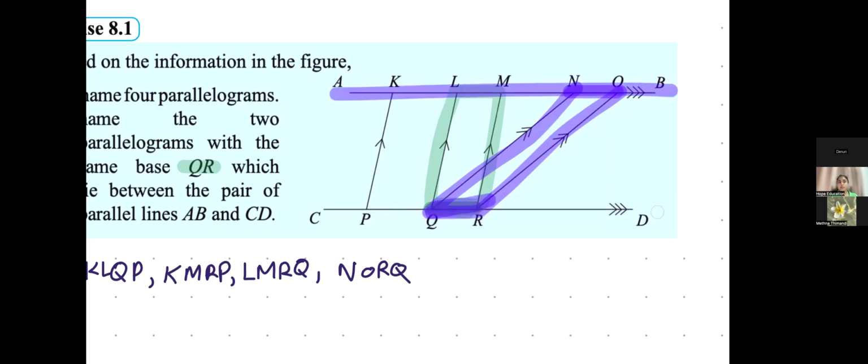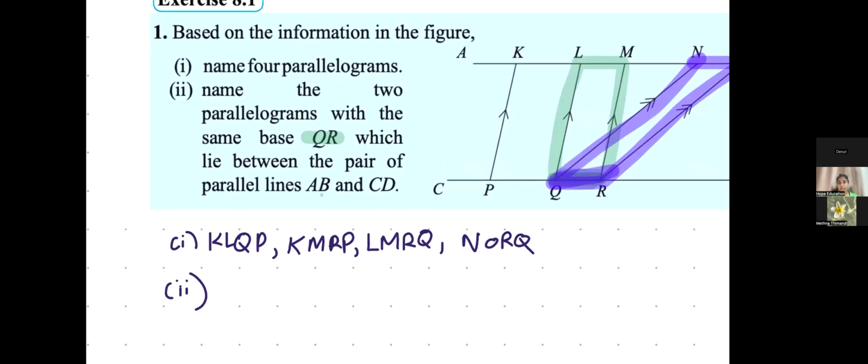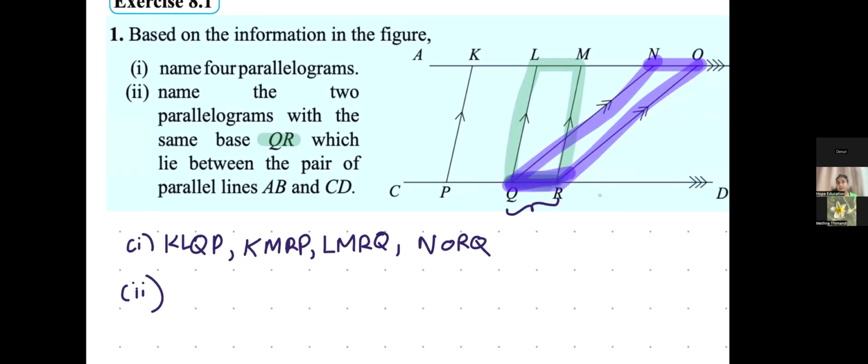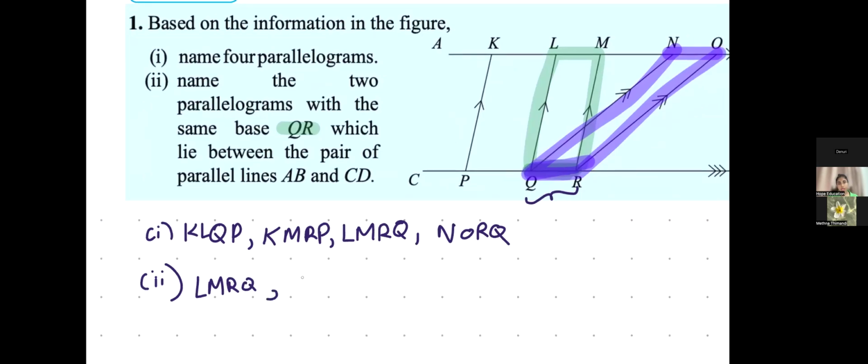So when they ask me two parallelograms with the same base QR lying between the same pair of parallel lines AB and CD, I can write LMRQ and also NORQ.